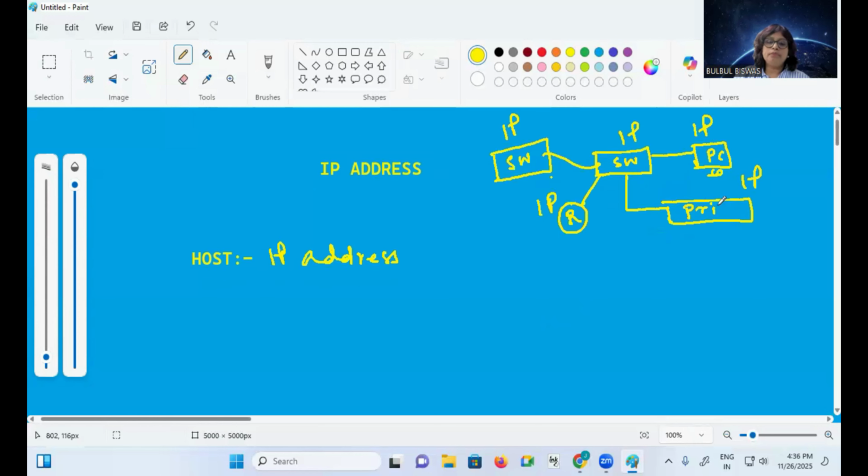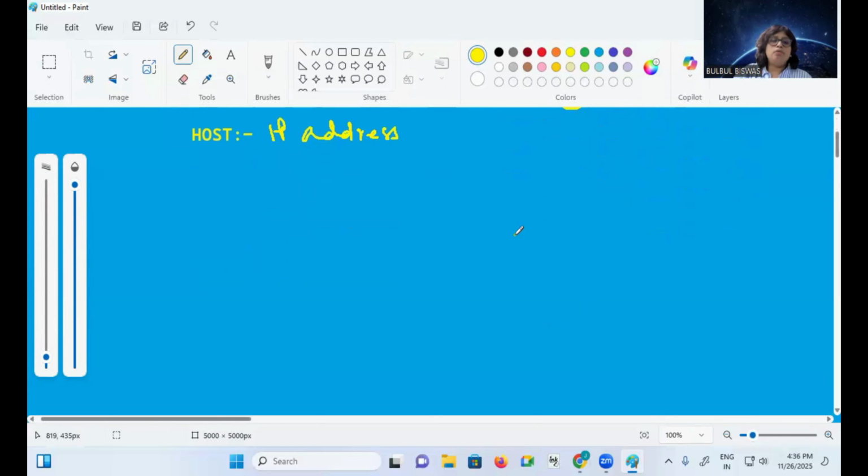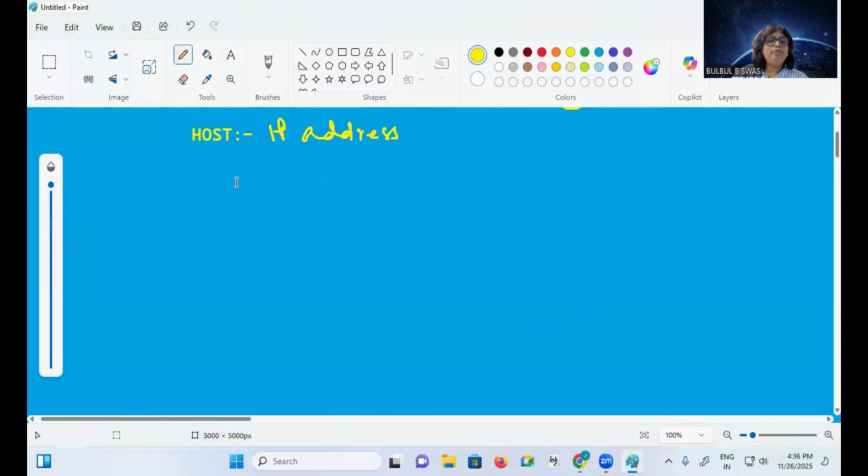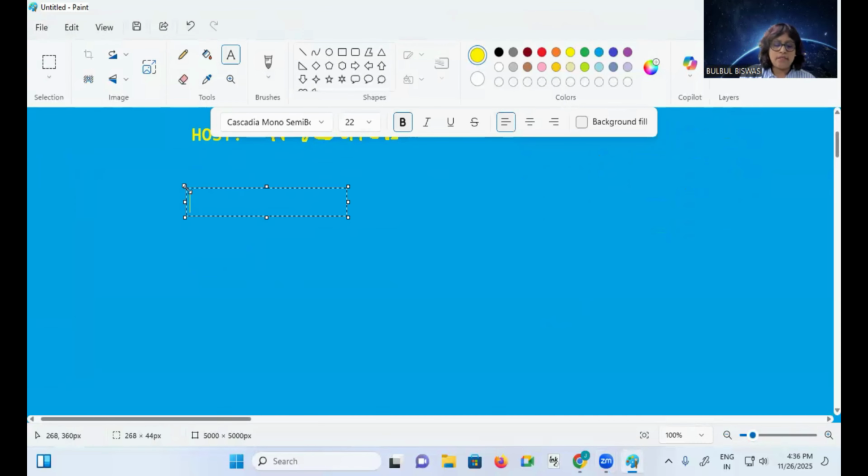Now the host, the device, must have two addresses. What are the types of addresses? Every host has two addresses. One we call the physical address. Is it clear?